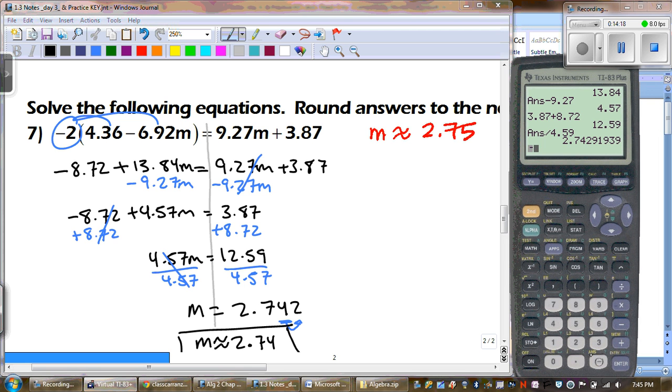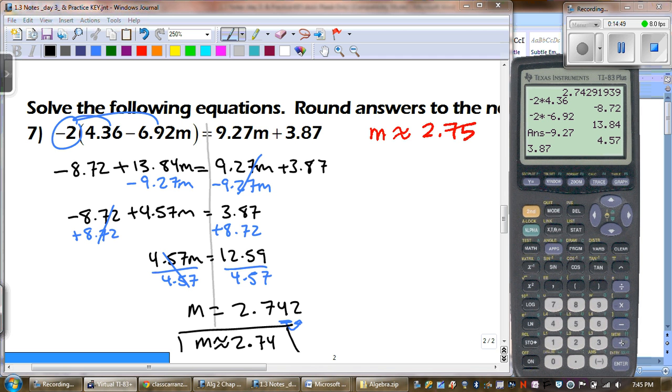Okay, so we have -2 times 4.36, which gives us -8.72. Okay, and -2 times -6.92 gives us 13.84. Okay, we subtract the 9.27, and that gives us 4.57, so that's right so far.